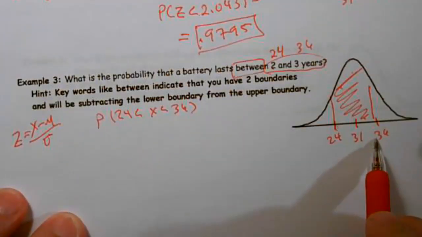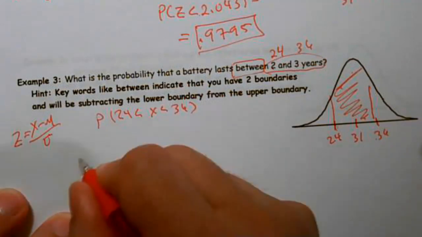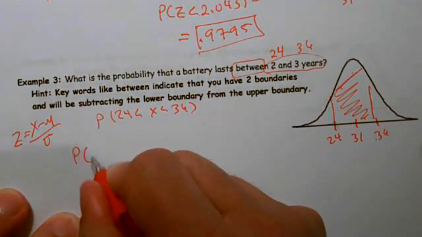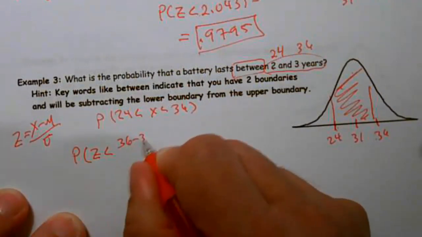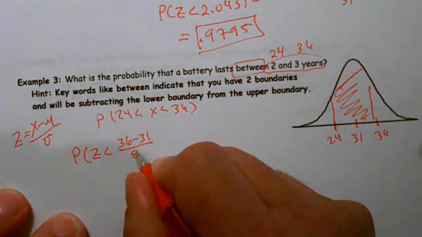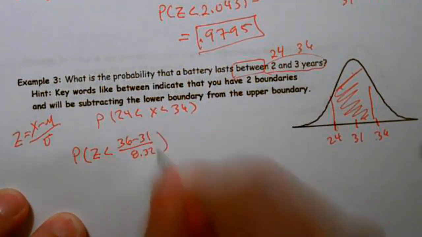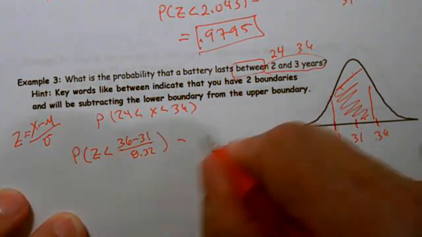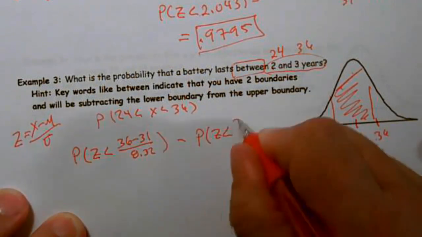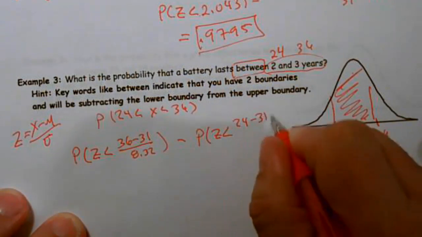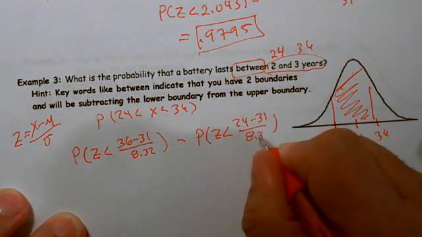I always start with the higher value because I subtract the smaller value from the higher. So the probability that Z is less than 36 minus 31 over 8.32, minus the probability that Z is less than 24 minus 31 over 8.32.